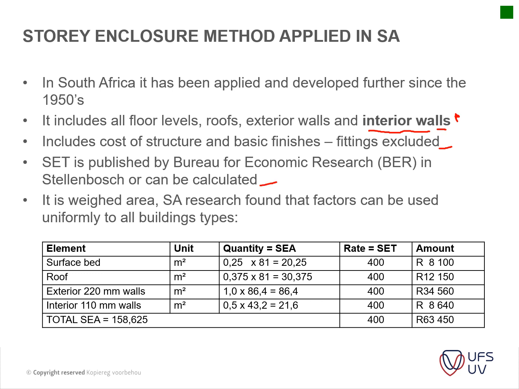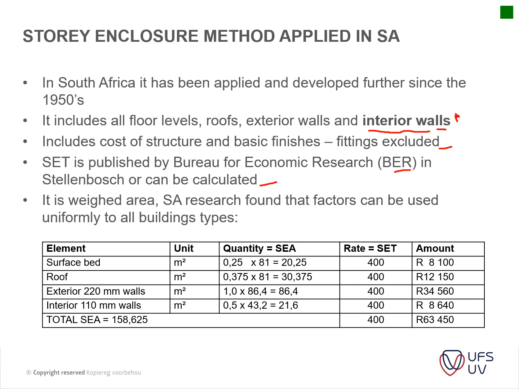So you can actually draw the information of standard multipliers and rates from the Bureau. That is why this method was implemented and used in South Africa, because someone with very little historical data can actually use the information published by the BER to calculate new building estimates.